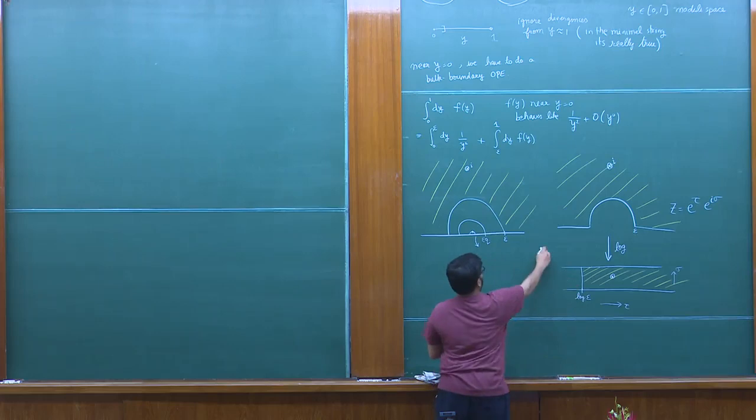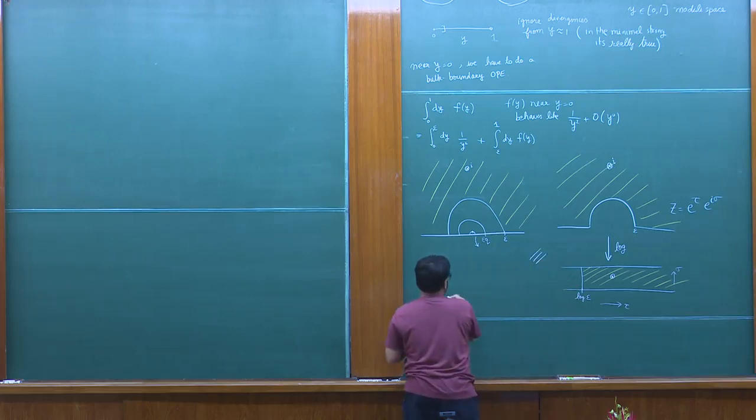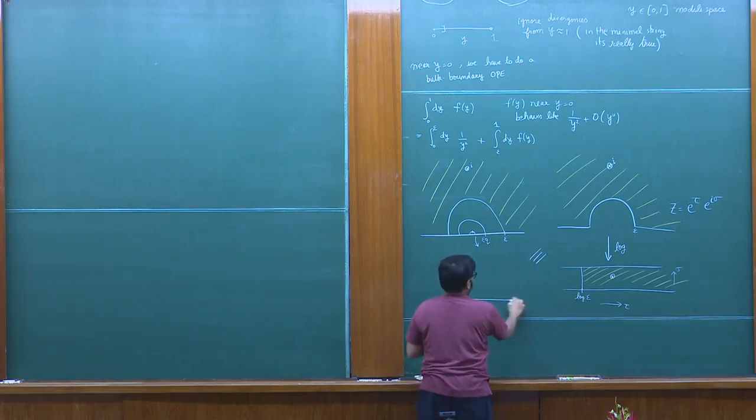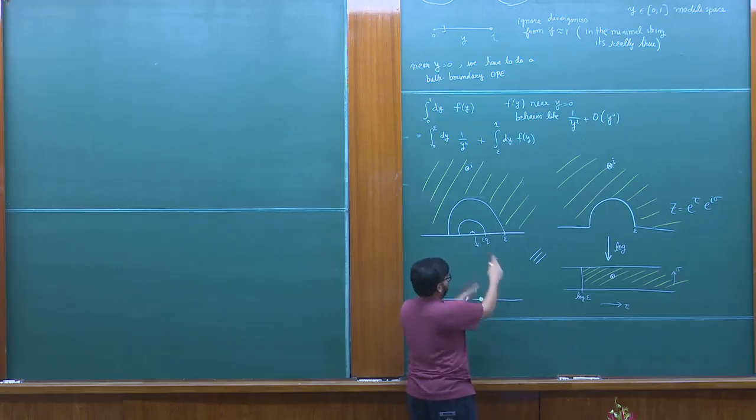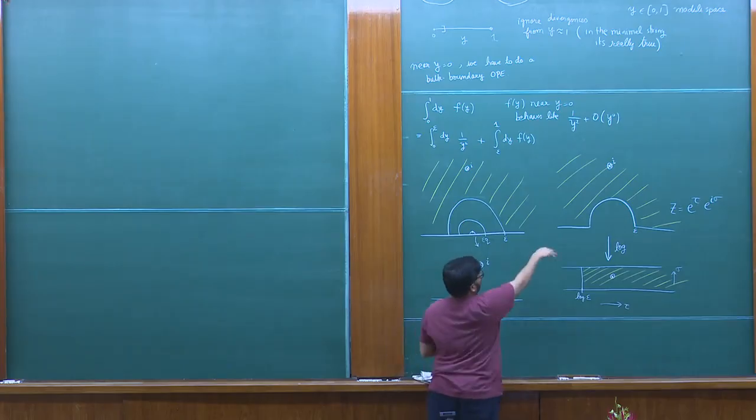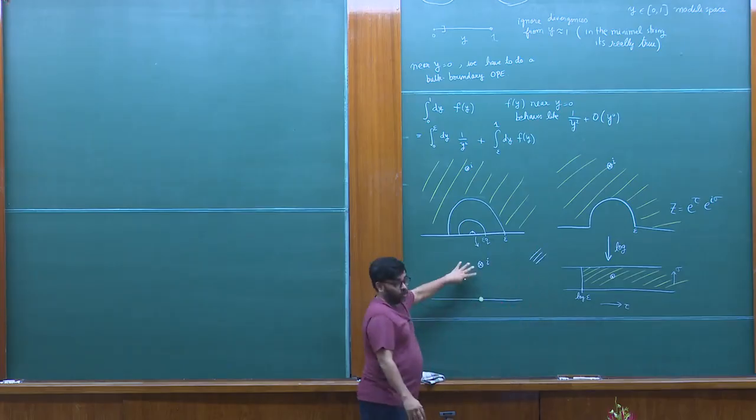So this is equivalent to a full upper half plane with a new open string operator inserted here, which was not there in the previous picture, and you have I here. Okay, so that cut part is equal to just this CO amplitude.